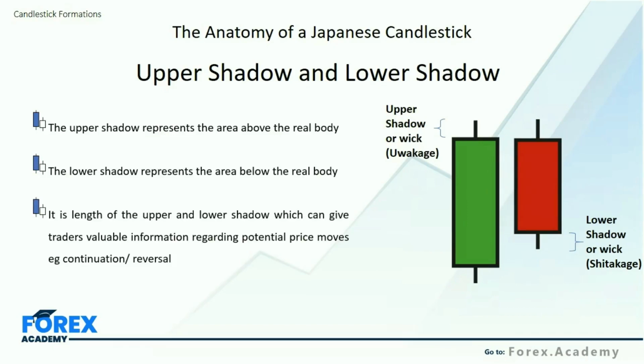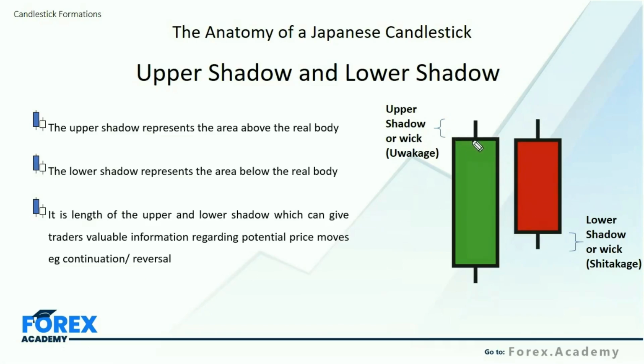Now, it's the length of the upper and or the lower shadow which can give traders valuable information regarding potential price moves. So for example, we can certainly see a small wick like this on a lovely green candlestick would signify continuation to the upside.